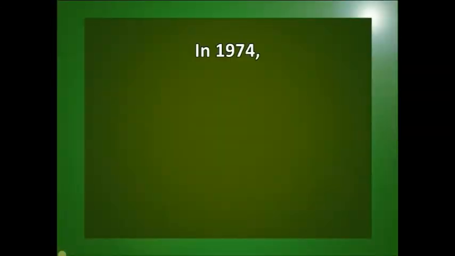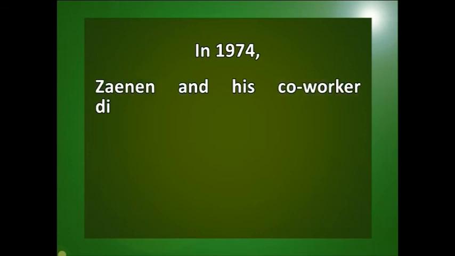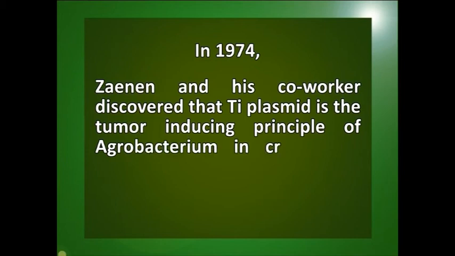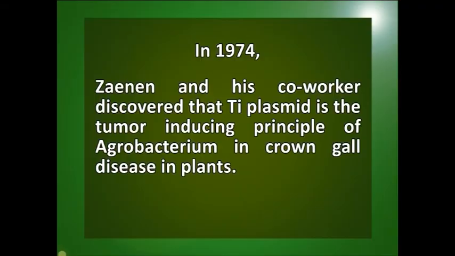In 1974, Zaenen and his co-workers discovered that Ti plasmid is the tumor-inducing principle of Agrobacterium in crown gall disease in plants. This was followed by its successful integration in plants by Chilton and his collaborators in 1977.